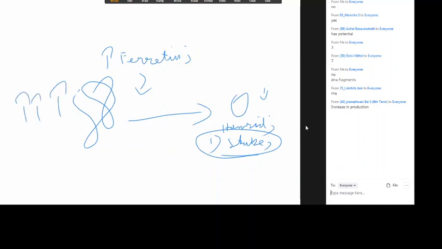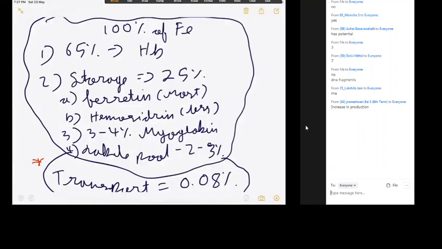Obviously, ferritin has to be more in number. That is how we can say in storage, ferritin is the most, then hemosiderin, then around 3 to 4% is in your myoglobin. But one thing that you need to learn by heart here is that around 0.08% is your transport form.